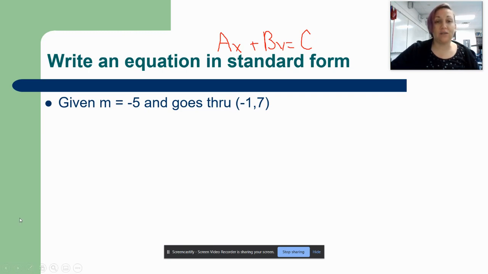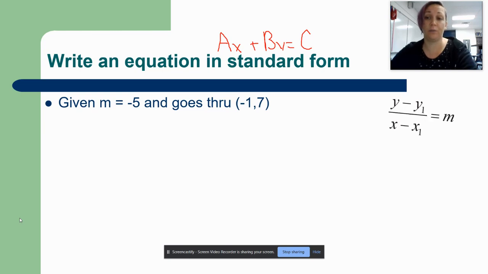When we're starting these equations, we're going to start them the same way that we started our slope-intercept and our point-slope equations, with the modified slope formula. Here's our slope formula. I've modified it by taking away the little 2's underneath the y and the x so that those can stay letters. Similar to what we've been doing for the past week now, I'm going to plug my ordered pair, my x1 and my y1, into the fraction, and I'll be taking my slope and putting it on the other side of the equal sign.